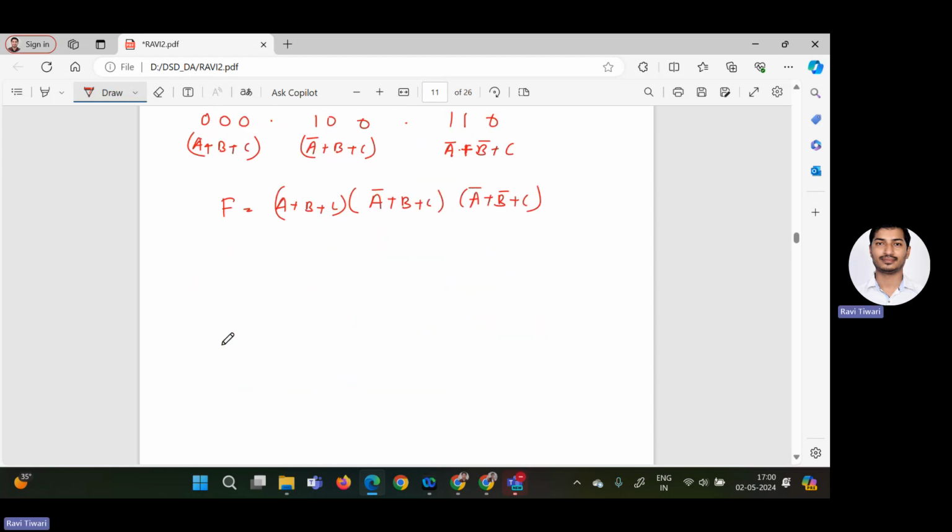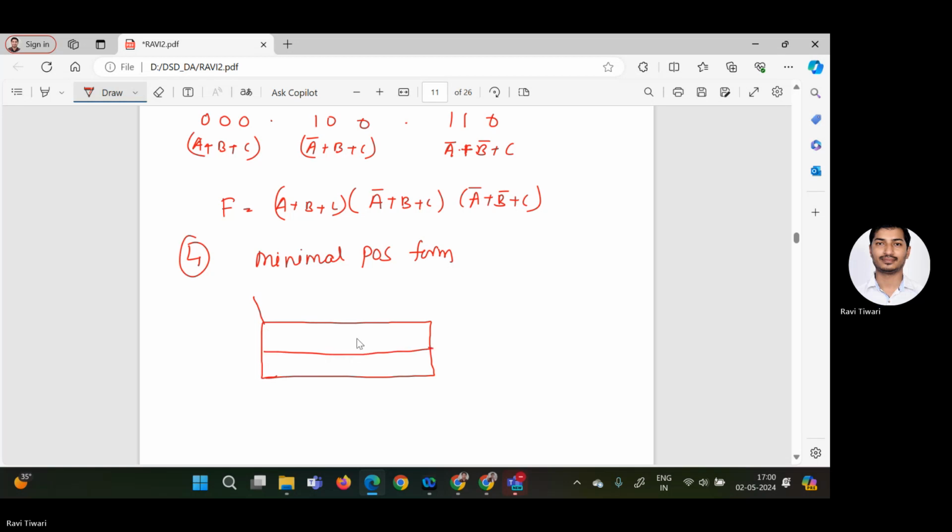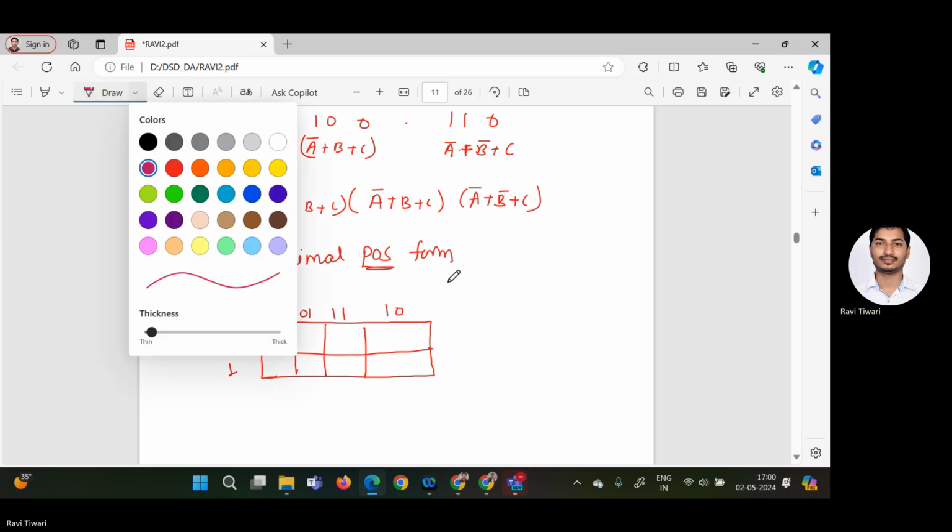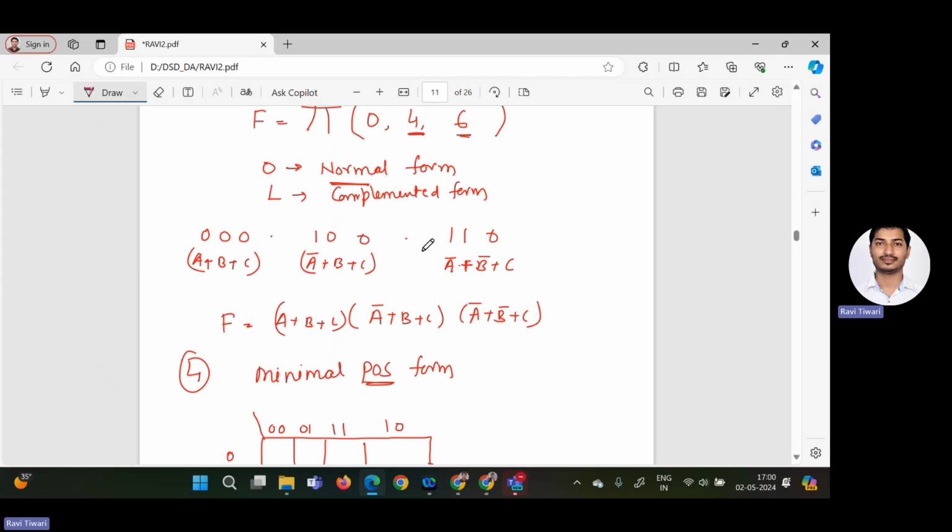Now in the fourth part, you have to find out the minimal POS form. Here we have to use the POS K map. So here I am drawing a 3 variable K map. And as you know, it follows the gray code. So here you have to write down 0, 1 for A, and 00, 01, 11, 10 for BC. But in the POS form, as we have discussed earlier also, 0 represents the normal form.